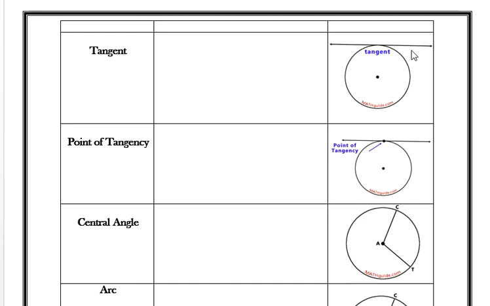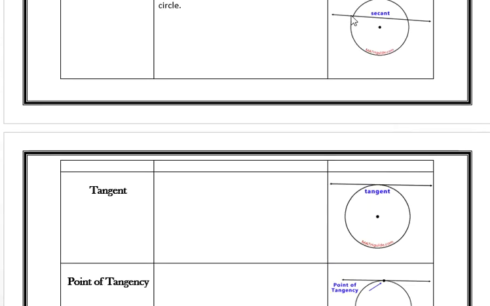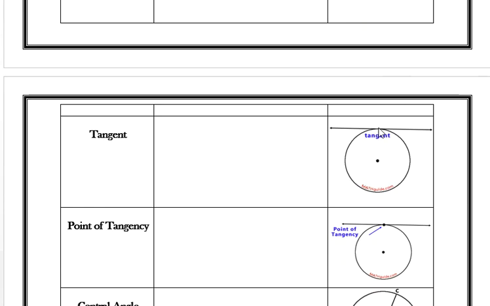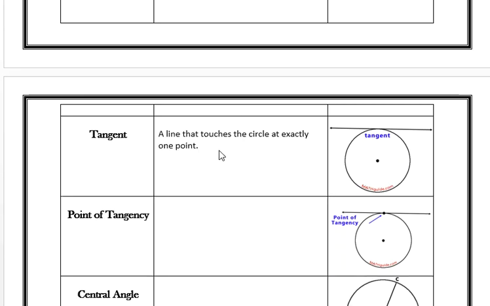It's different than a secant because a secant, as you recall, hits the circle at two points. A tangent only intersects the circle at one specific point. So that's the difference between a secant and a tangent. Let's write that definition. And there it is, a line that touches the circle at exactly one point.